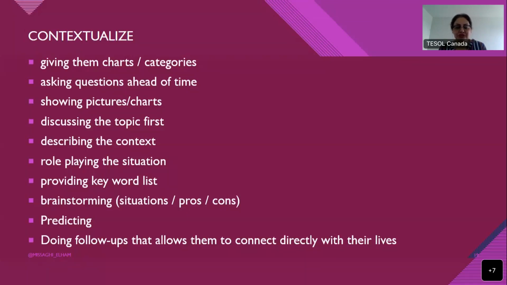Besides, we need to give them a chance to guess the meaning from the context. We talked in previous webinars that we shouldn't spoon feed our students. Let them be creative and have critical thinking.